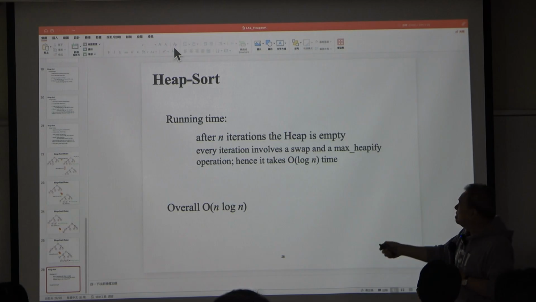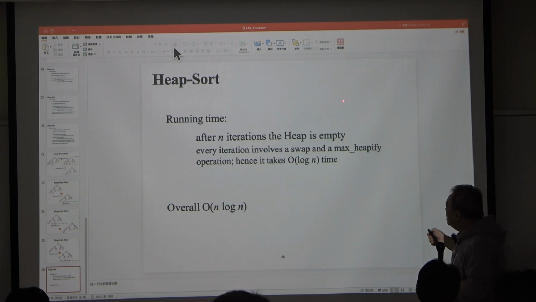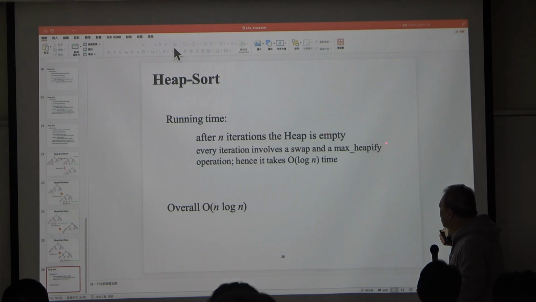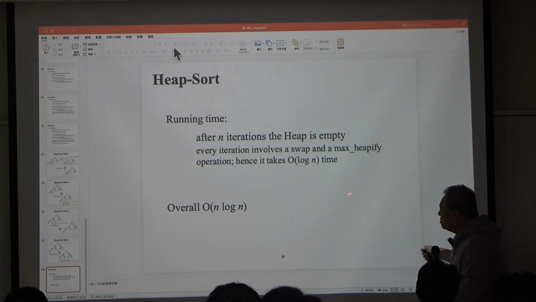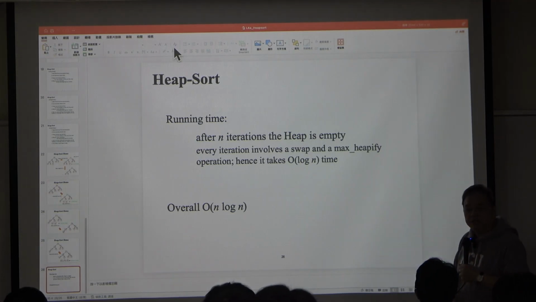It's already sorted. But anyway, every iteration involves a swap and a max heapify. The swap takes constant time, but max heapify takes log n. So the whole thing will be n log n, right? It's bounded by n log n.